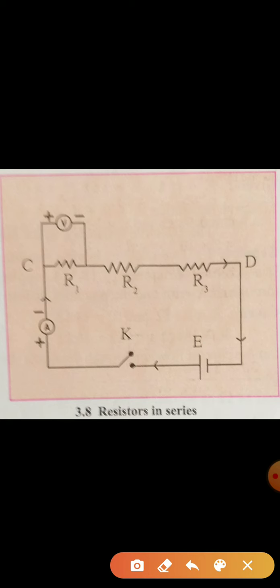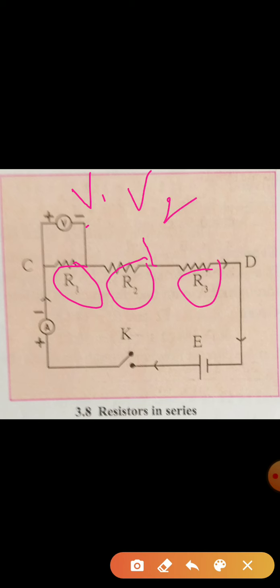Each resistor has a potential difference, which can be found with a voltmeter. For R1 it is V1, for R2 it is V2, and for R3 it is V3.